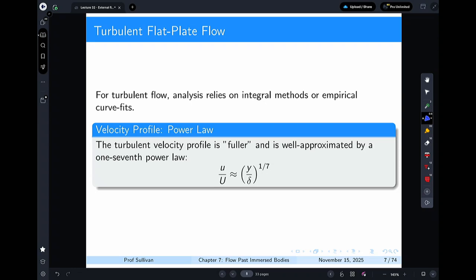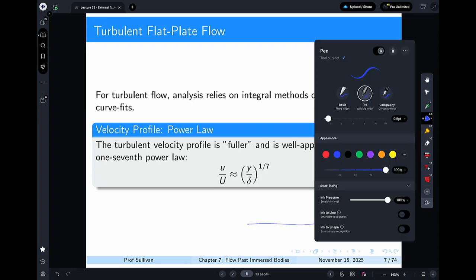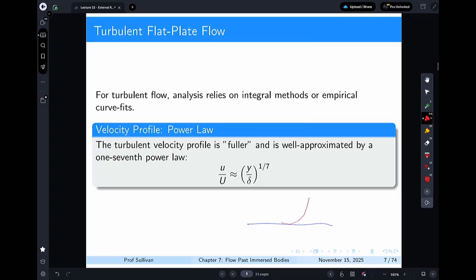It's about 99% of the free stream velocity, because that's a limit of what we practically can measure. And we get something that looks like 1/7.